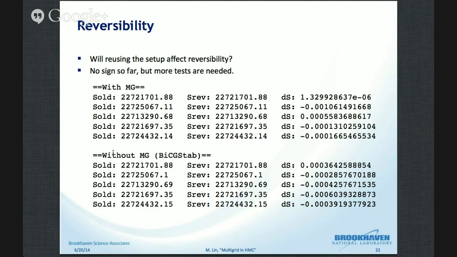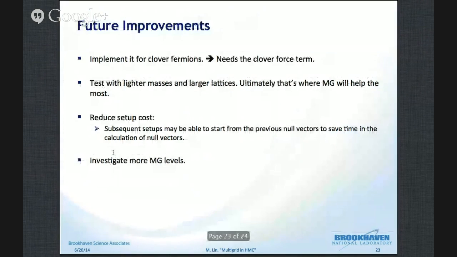So far, this is a very crude test, so I can't really see anything wrong with the multi-grid, but maybe more tests are needed to make sure that we didn't really affect reversibility. So, future improvements: obviously, we want to implement it for Clover fermions.